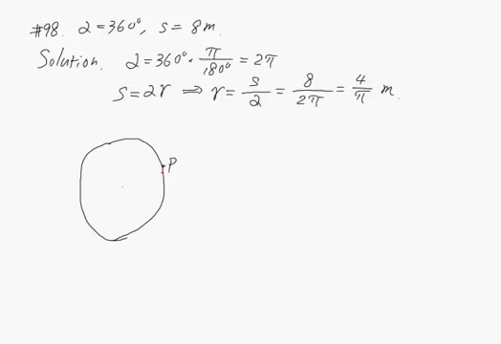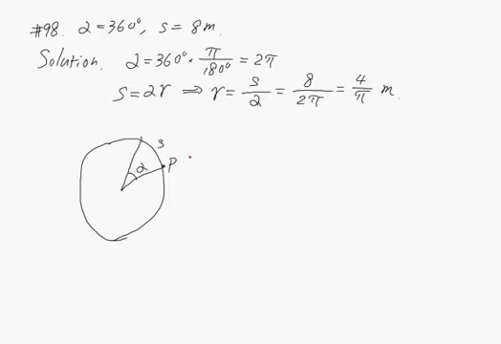So actually, this linear velocity of the point P is just equal to the rate at which this point moves, right? So now, suppose we have the arc s, and the corresponding angle is alpha.